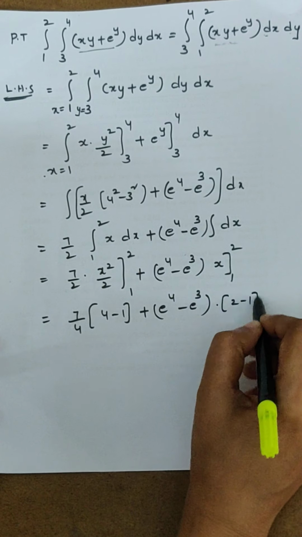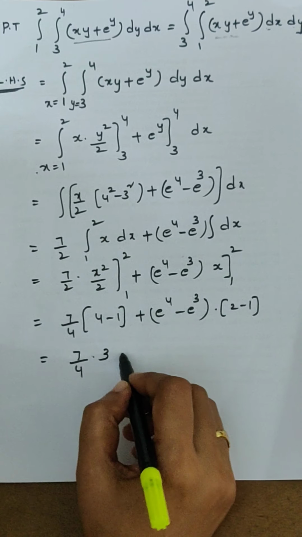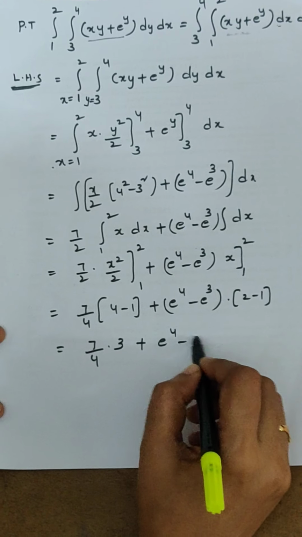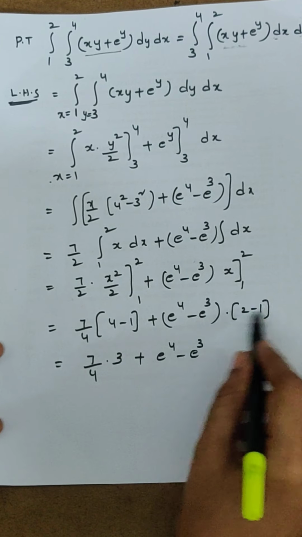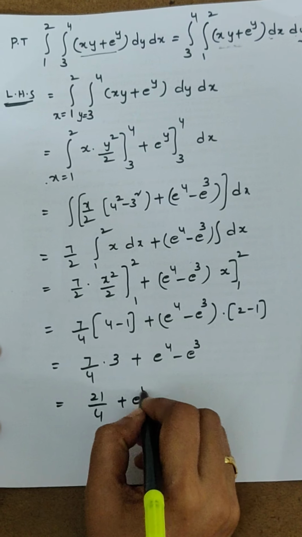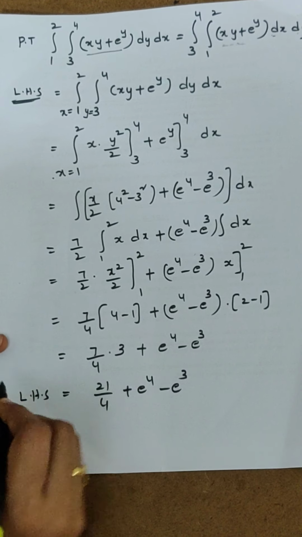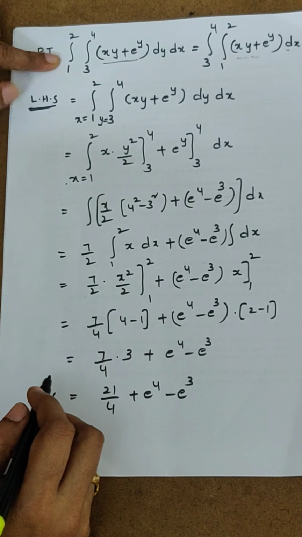Here 2 minus 1 is 1. So 7 by 4 into 3 plus (e^4 minus e^3) into 1. So 21 by 4 plus e^4 minus e^3. This is the LHS part of the integral evaluation.